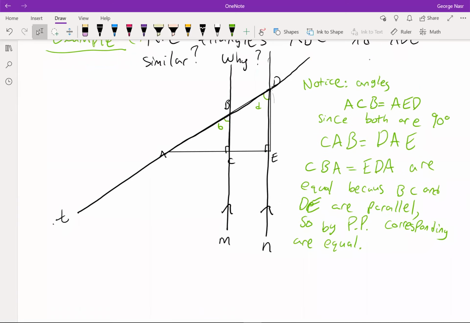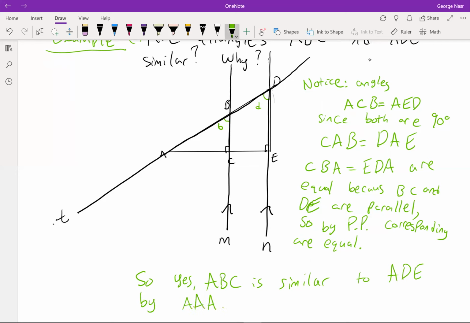So anyways, what was the point? Did we even answer the question? Are these triangles similar? So the answer is yes. ABC is similar to ADE. By what fact? By angle, angle, angle. Because we just showed that all three angles of the triangles are equal.